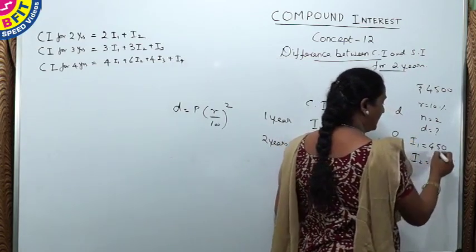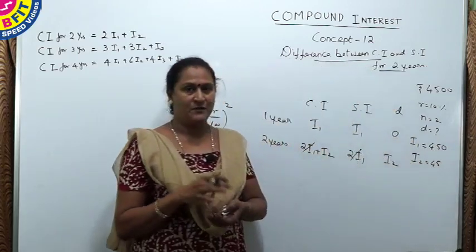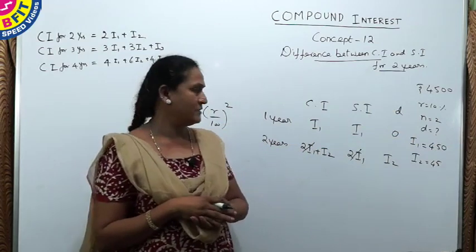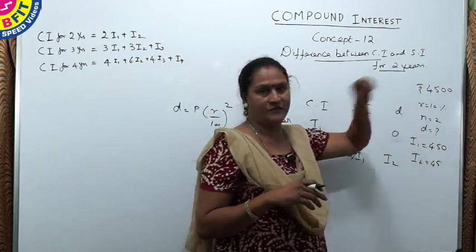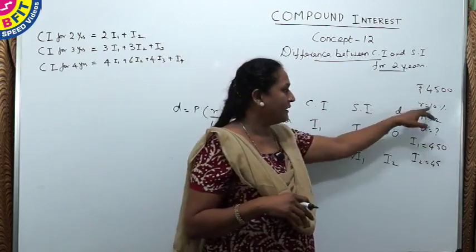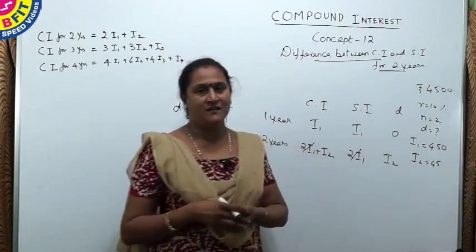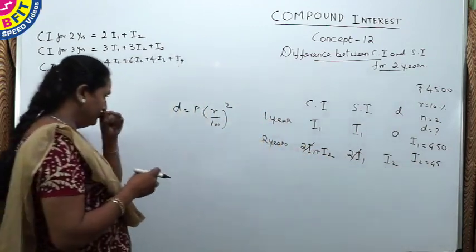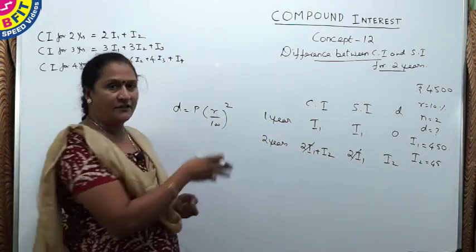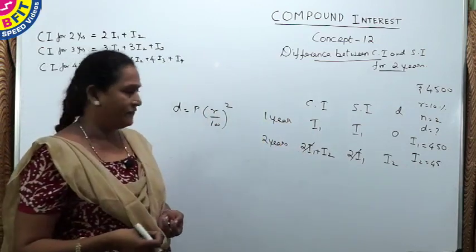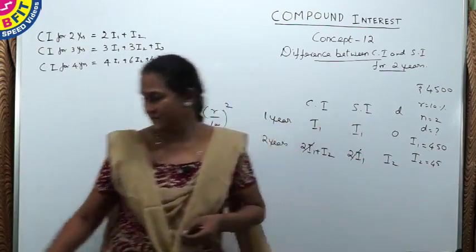And what is I2? 10% of 450, which is 45. When the difference between compound interest and simple interest is asked, just I2 will give you the difference. So here 4,500 is the principal, the rate is 10 for 2 years. What is the difference? I2. So 45 is the answer. Instead of substituting in the formula and working it out, which takes some time, just find I2 and you get the interest difference.